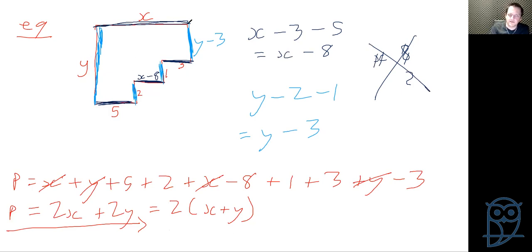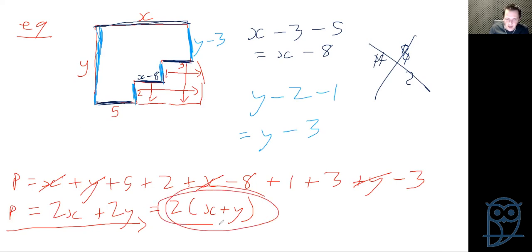Which means you could have taken x plus y and doubled it. Well, of course you should have, because this side could go there, this side could go there, that side could go there, and that side could go there. And then you just create a normal rectangle. So that's why it has to come out as this answer.